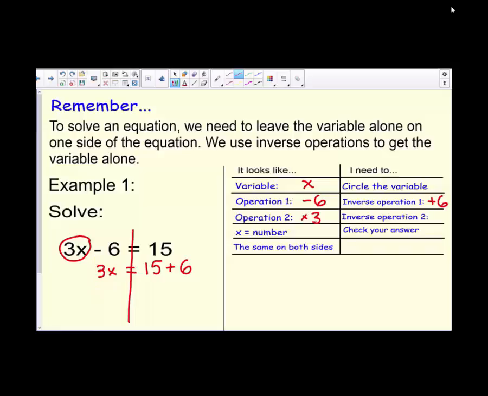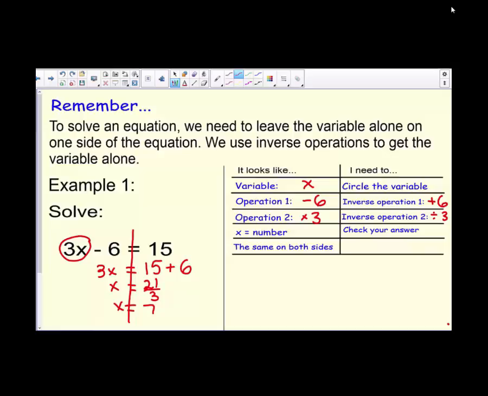Times 3. What's the opposite or the inverse operation? It would be dividing by 3. So x is going to be, first I'm going to add 15 plus 6 is 21, and that's going to be divided by 3. Therefore, x is 7.